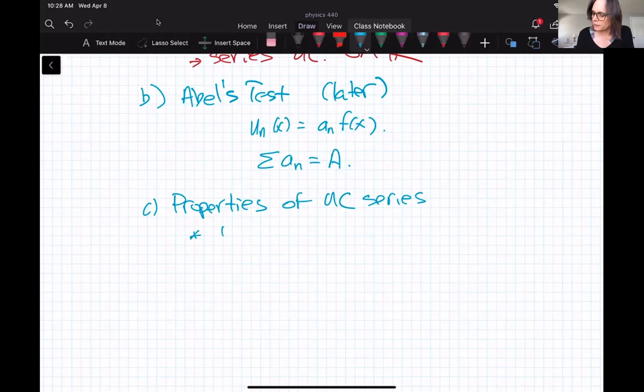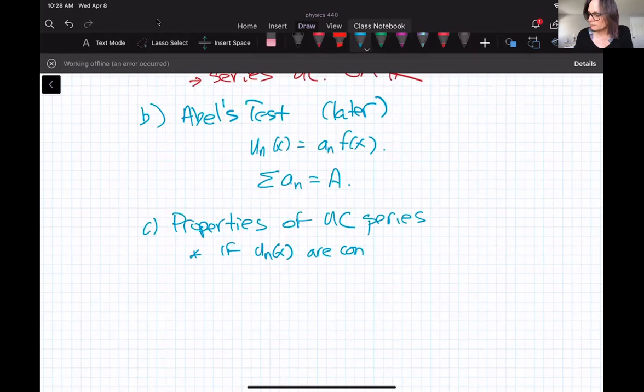One is that if these functions u sub n of x are continuous, then f of x, equal to the sum from n equals 1 to infinity of u sub n of x, is also continuous.